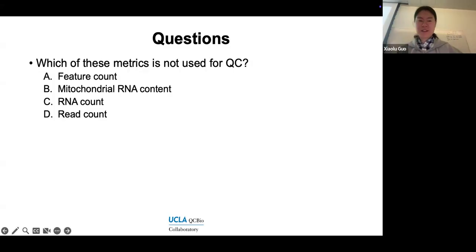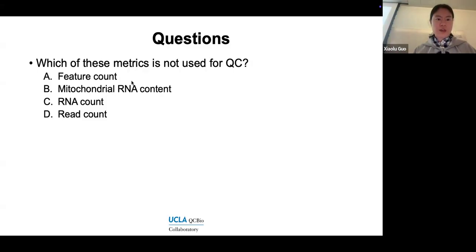Yes, that's great. As we know, when a cell is dying, the mitochondria leak mRNA into the cytoplasm, and if we measure too many mitochondrial mRNA in the cell, it's a sign that this is a dying cell or a dead cell.